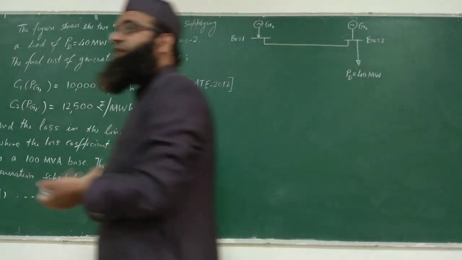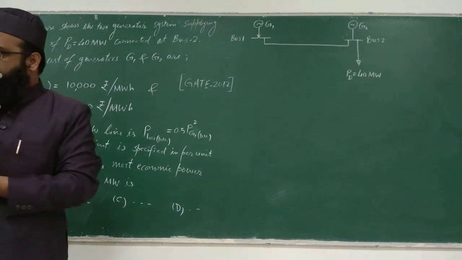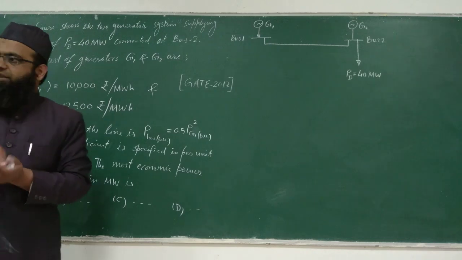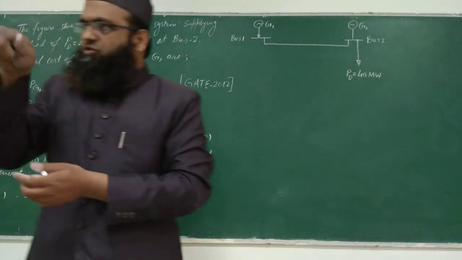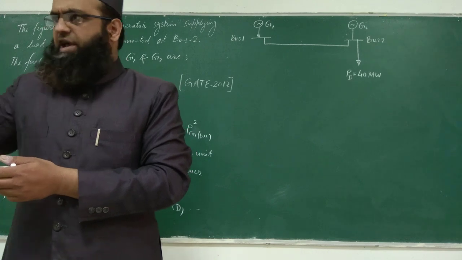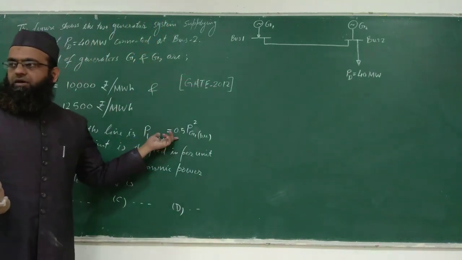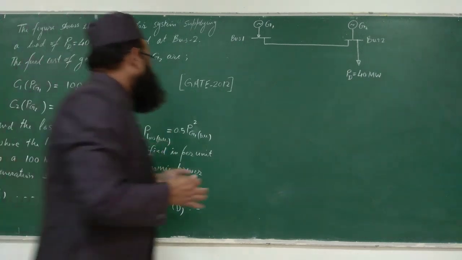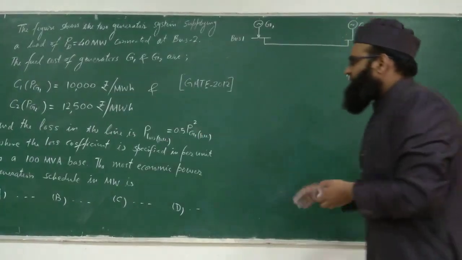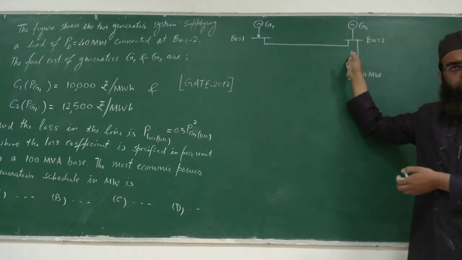Sometimes it may be given indirectly in terms of loss coefficients. There also you are smart enough to formulate your loss formula, because you know that PL is nothing but summation M is equal to 1 to K, N is equal to 1 to K. You know that expression, we have already discussed that. But here it is directly given. You can sense that this loss is mainly depending on Pg1 because G1 is far away from this load.